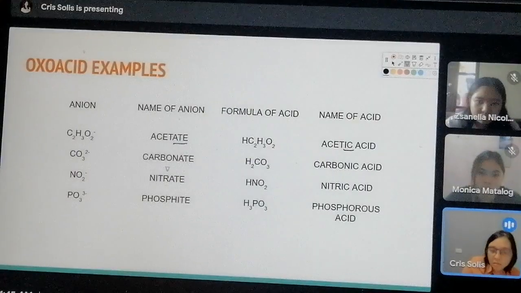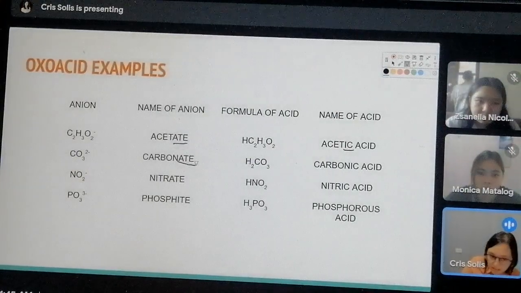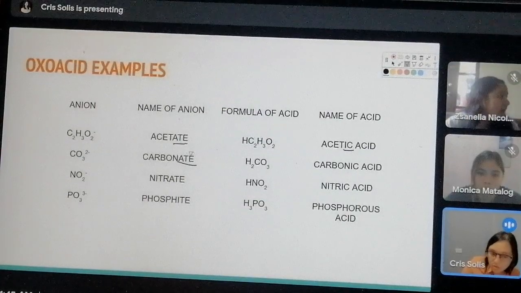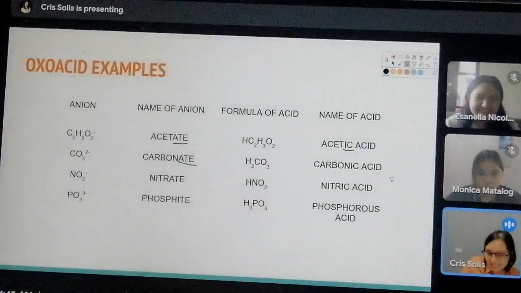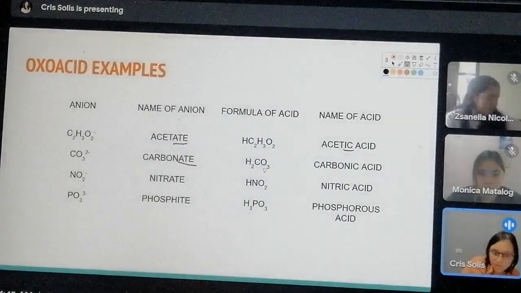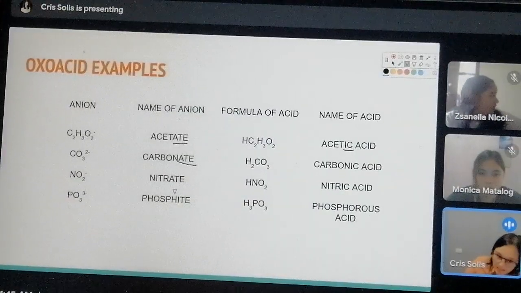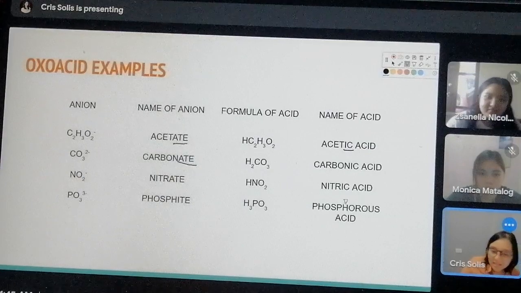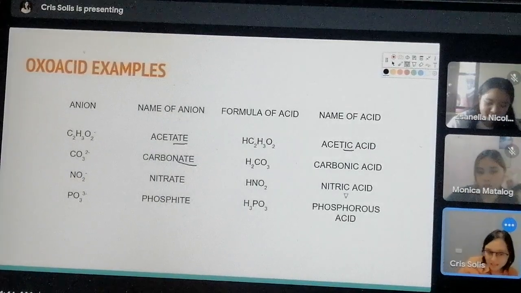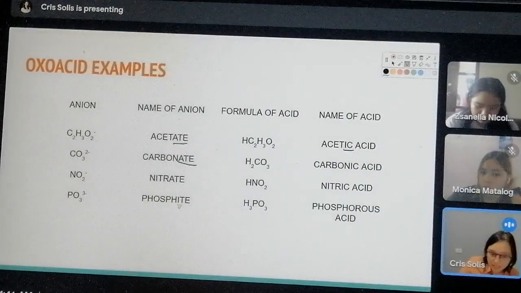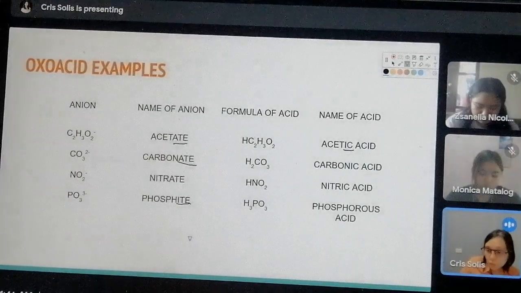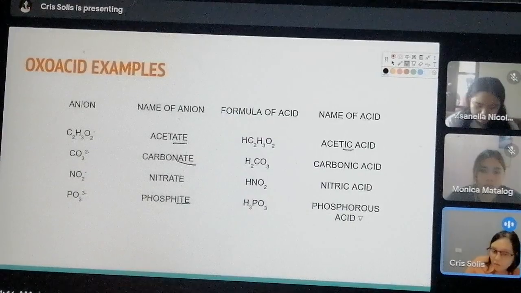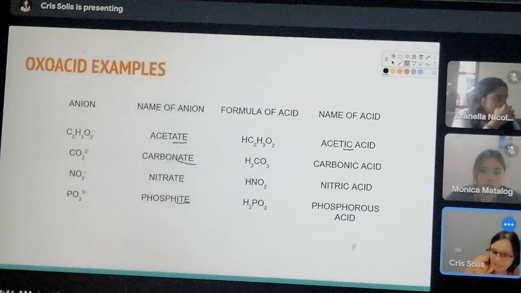Carbonate, ATE again, so we change it into IC: carbonic acid. The next one, ATE again, so it became nitric acid. This one, phosphite, ITE, right? ITE becomes OUS, so phosphorous acid.